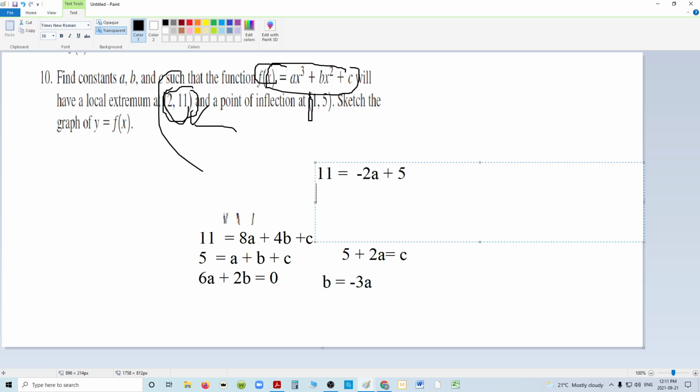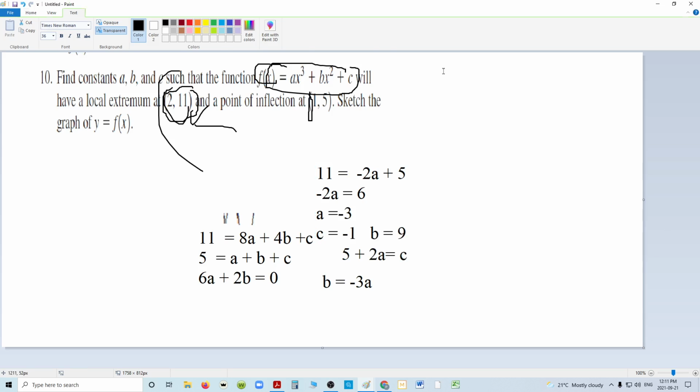Which means minus 2a is equal to 6, which means a is equal to minus 3. If a is equal to minus 3, c is equal to 5 minus 6, which is minus 1. And therefore b is equal to negative 3 times negative 3, which is 9.